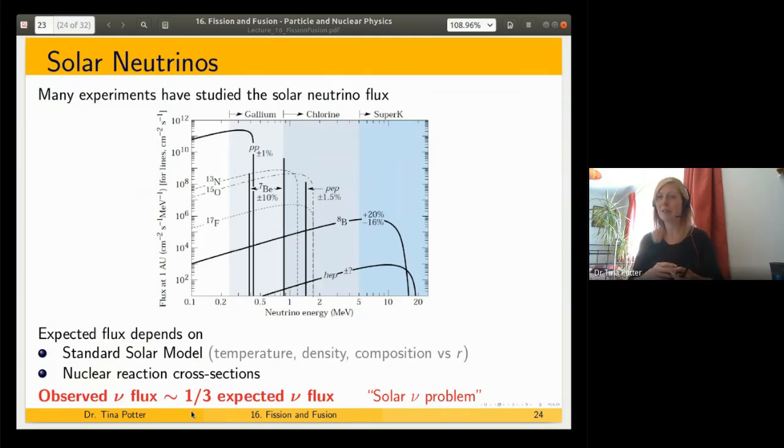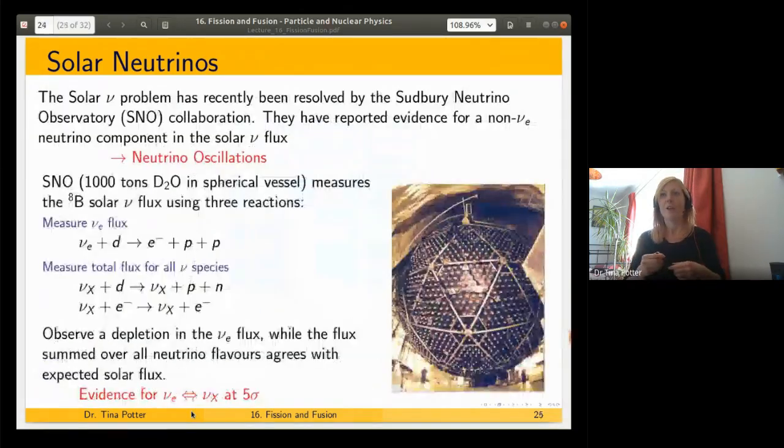So I'm linking something here now back to the particle part of the course, the neutrino oscillations. So this was one of the first, as well as the atmospheric neutrinos that we discussed as part of the neutrino oscillations, the solar neutrinos were also a problem. And it was relatively recently solved by the SNO collaboration.